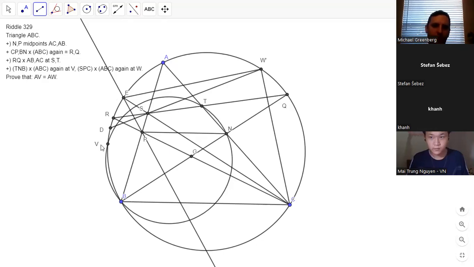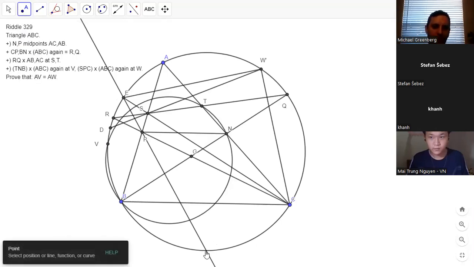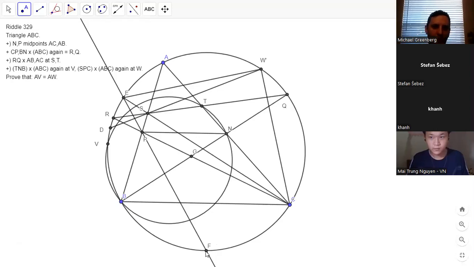So we want to show arc AV. So if we draw this point, then we want to show arc AV is equal to arc BF. I'm just getting confused, but I think I'm getting somewhere. Maybe F is the midpoint of arc BC.